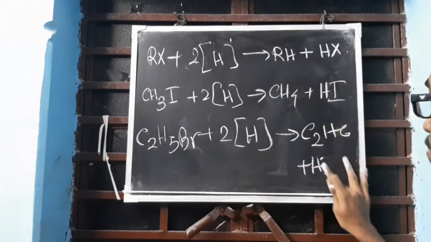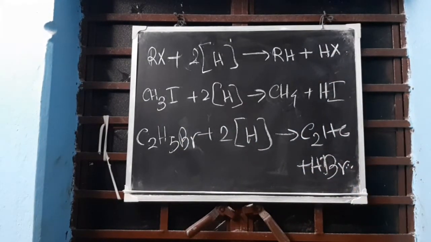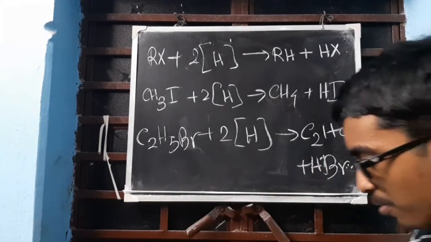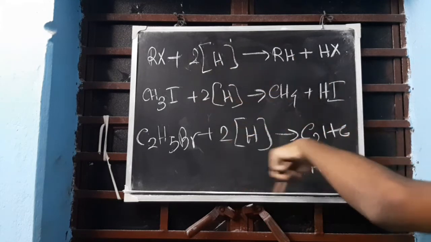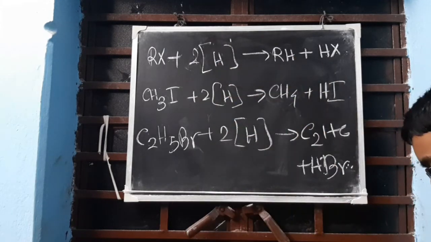So instead of this, we will get HBr. Understood? Clear? So the basic formula is that. If you can remember the basic formula, then also it's okay. You can remember the individual reaction, it's fine. Basic formula is this, apply this, we'll get these reactions. Clear? Understood? So this was iodomethane and bromoethane.